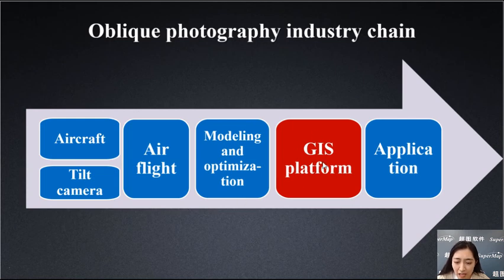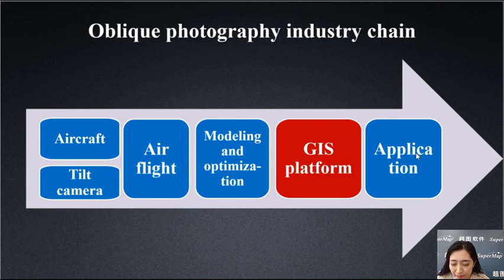And then there is a 3D GIS platform that supports the results of oblique photographic data, which is the GIS basic platform mainly provided by SuperMap. So we could use the GIS platform to do some analysis or display to make applications.